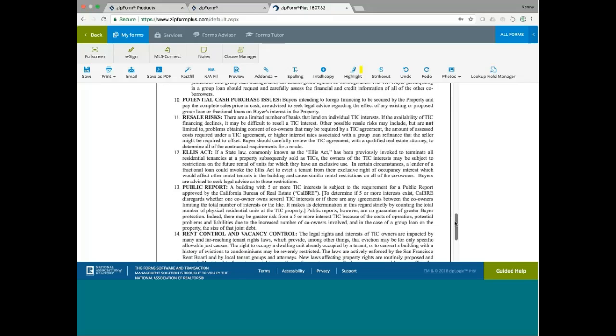Now let's talk about the Ellis Act. If you don't know what the Ellis Act means, if you're a landlord in a rent control area, you cannot terminate your tenancy with a tenant without good cause.